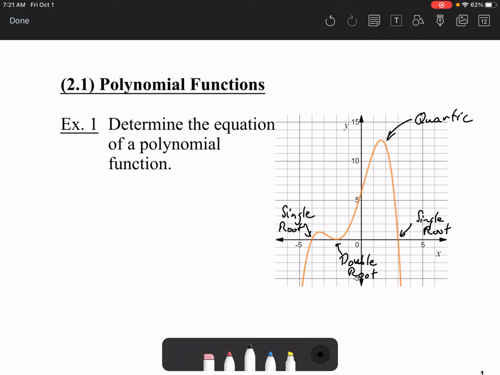You could probably argue that it could be a hexic function or a degree 6 function, but specifically this looks like it's just degree 4, so we're going to go with the degree 4 option.